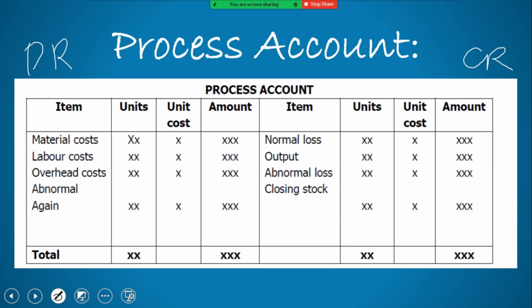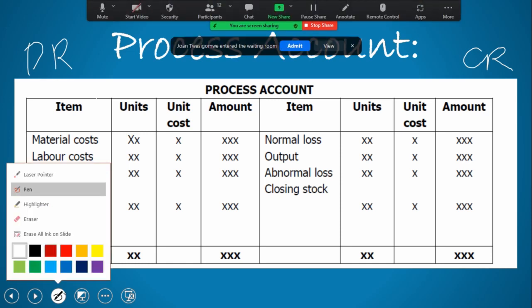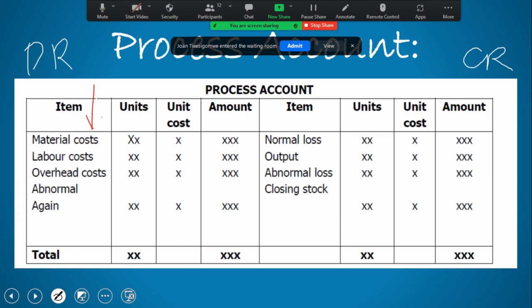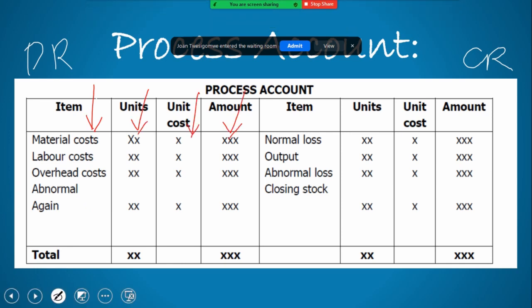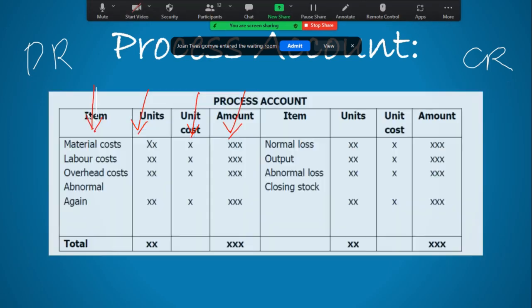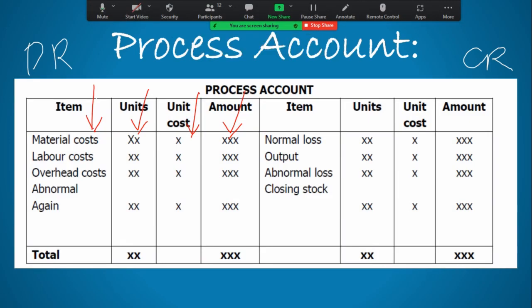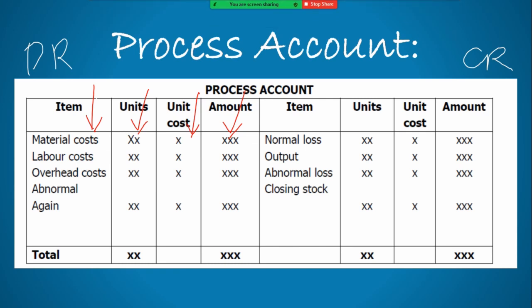And as you can see on the debit side, we capture our item here. We capture the units, the unit cost, and the amount. So that is typical of the process account, both on the debit and on the credit side.